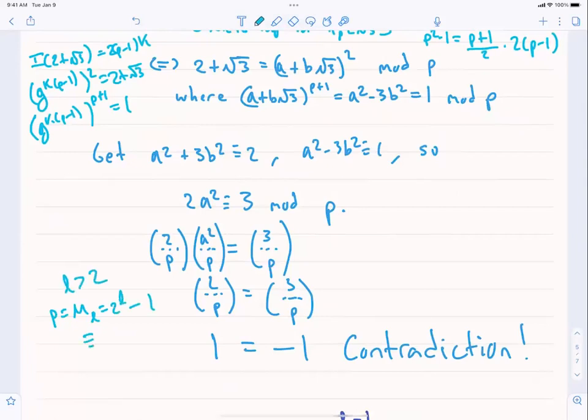So this is congruent to minus 1 mod 8, which is 7 mod 8. So (2 over p) is equal to 1, just by our rule from quadratic reciprocity for when 2 is a square mod p. On the other hand, by assumption, (3 over p) is equal to minus 1. And that gives us a contradiction. This is something that can't happen.